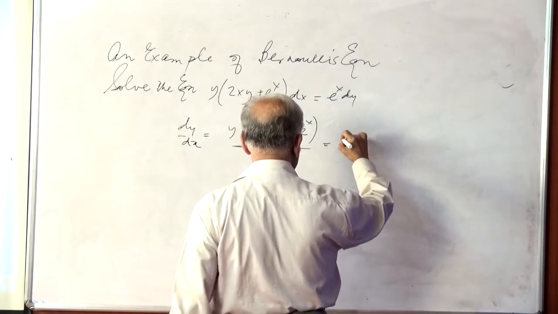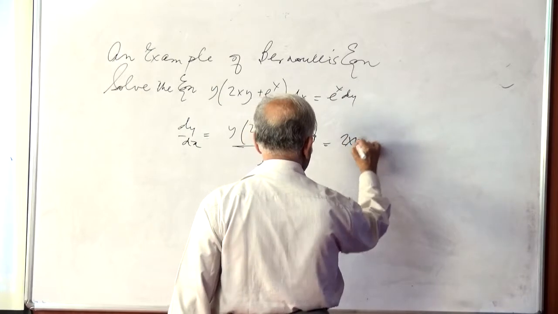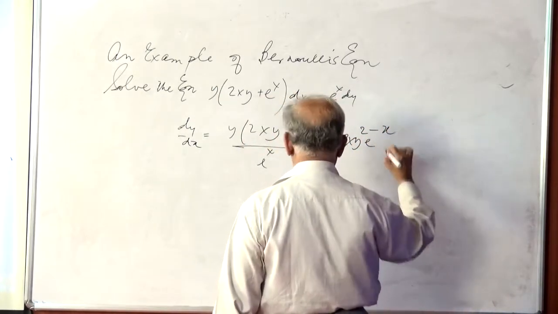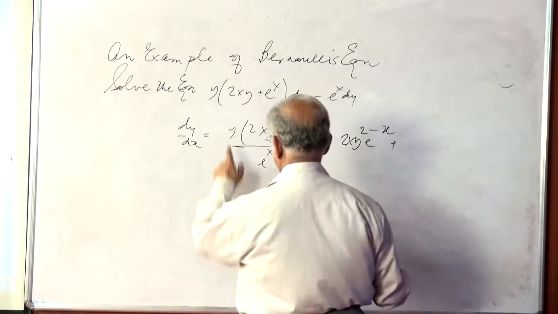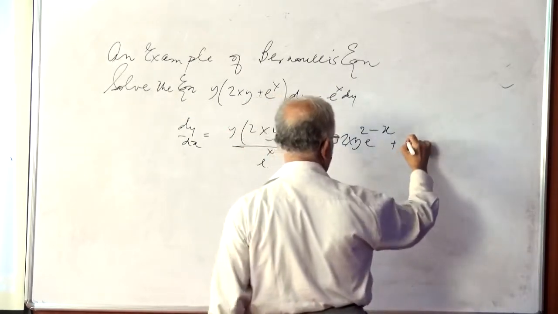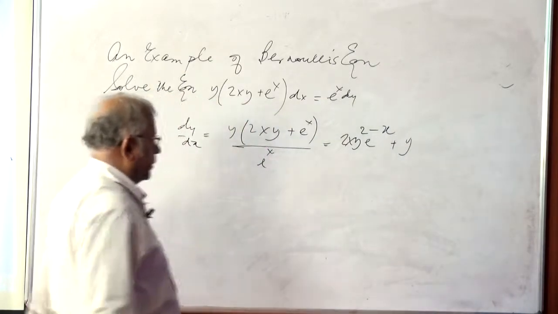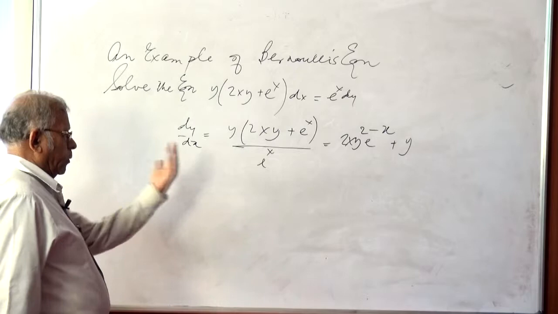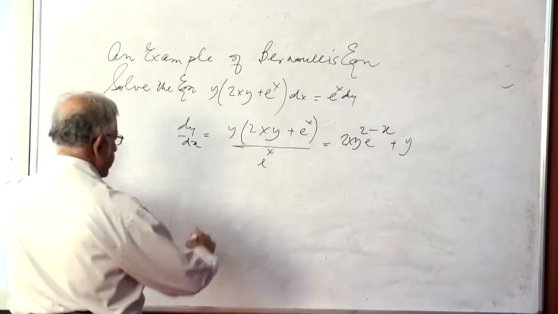In other words, this is nothing but 2xy squared e to the power of minus x plus y. The algebra is correct, hopefully. In other words, we take the y on this side and let's see what we get.